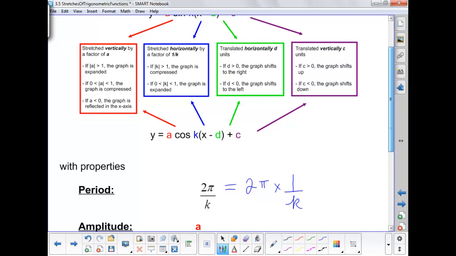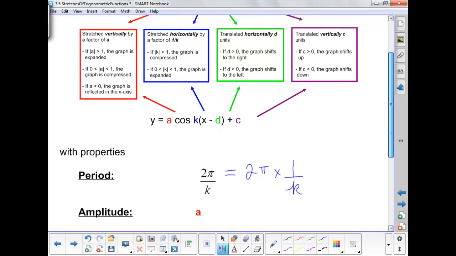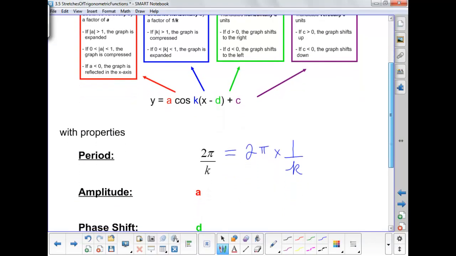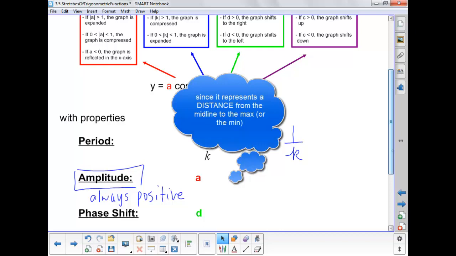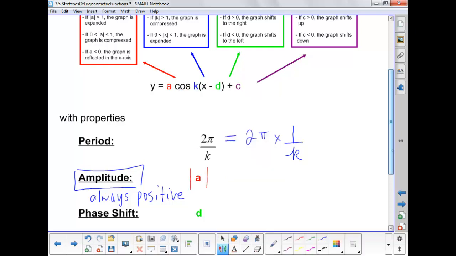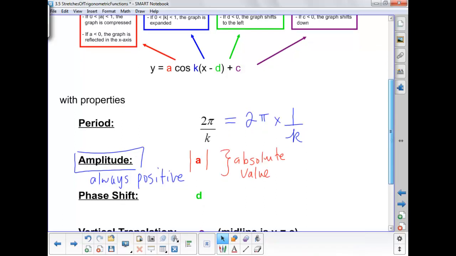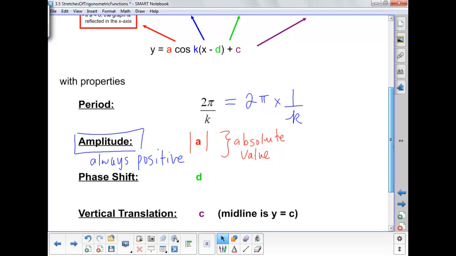Another term we can relate is amplitude. One thing I want to point out is that amplitude is always positive. A better thing to put here would be the absolute value of a, so that we're ignoring when a is negative. Then d is representative of phase shift.